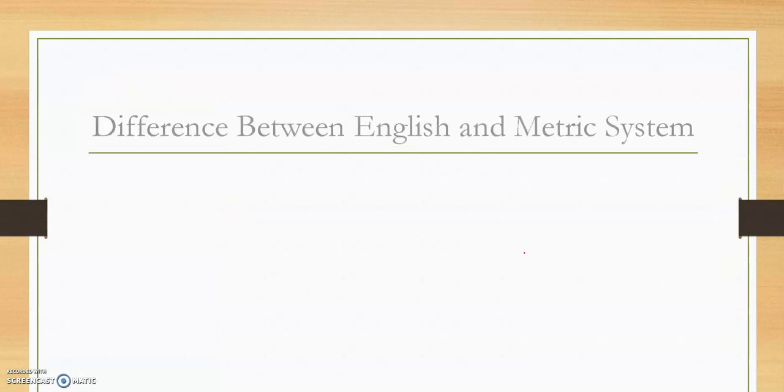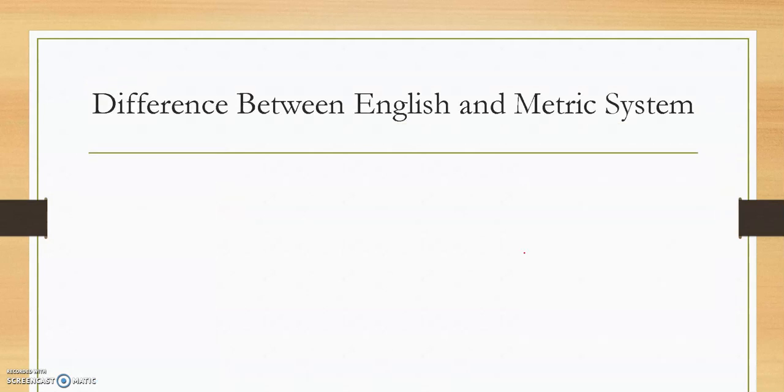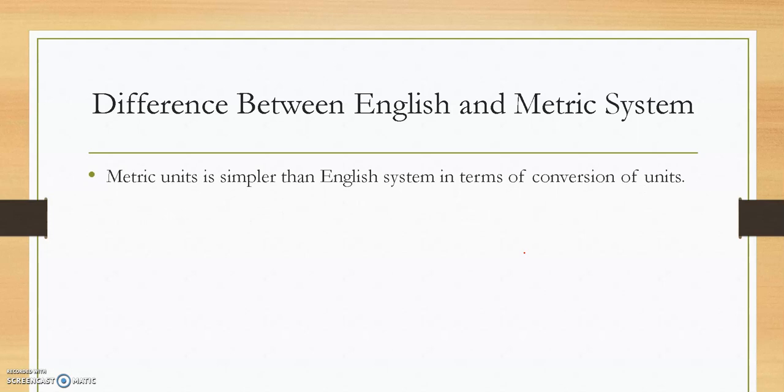Okay, so moving on, the difference between the English and metric systems. A while ago, I mentioned how measurement is divided into two categories: the English and metric systems. Take note that metric units are simpler than the English system in terms of conversion of units.